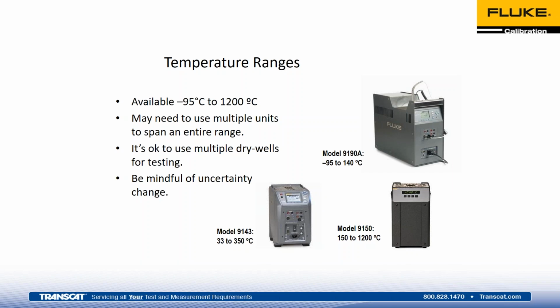And again, too, depending upon your application, you may have to switch between potentially a dry well and a bath to get the uncertainties you need or to make the testing appropriate for what you're doing. So again, as you're looking at a dry well for consideration, be mindful of all the stability, uncertainty, accuracy, and the temperature range as well, to ensure that you're getting what you need for the application.